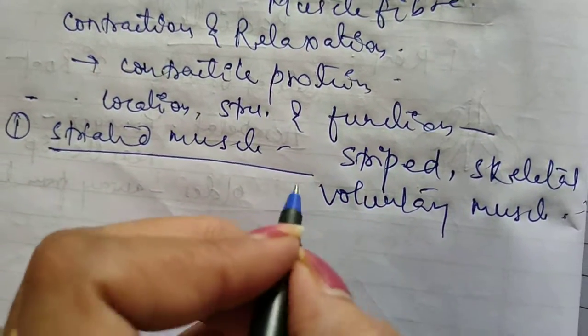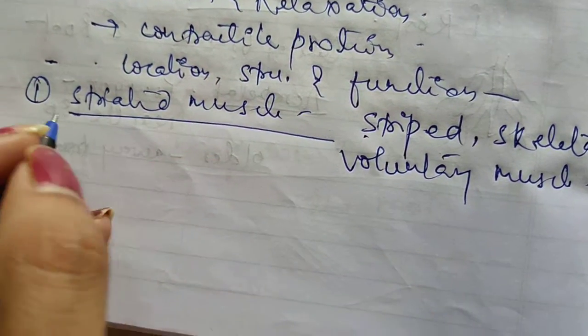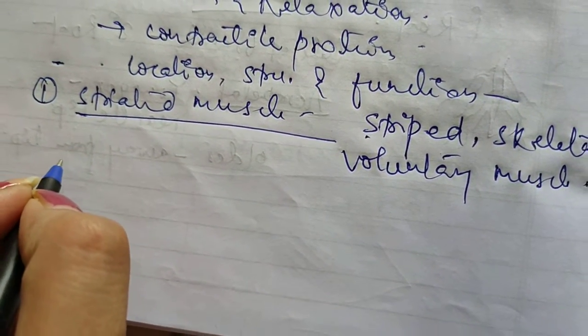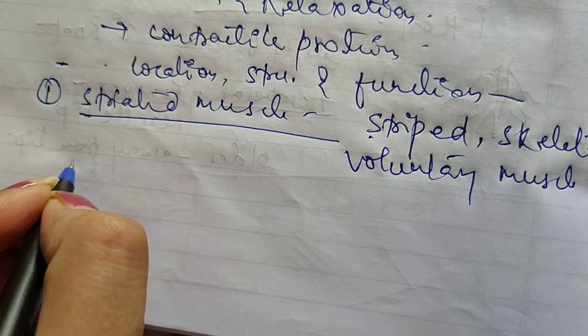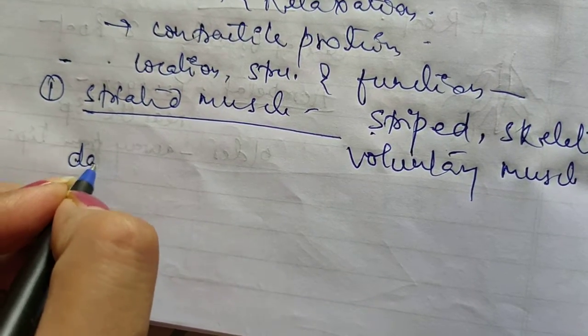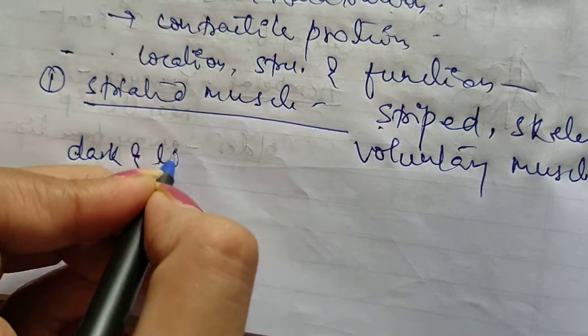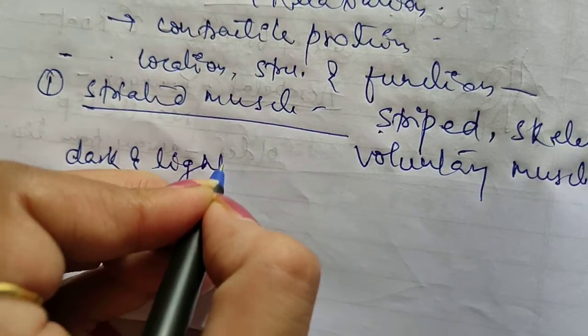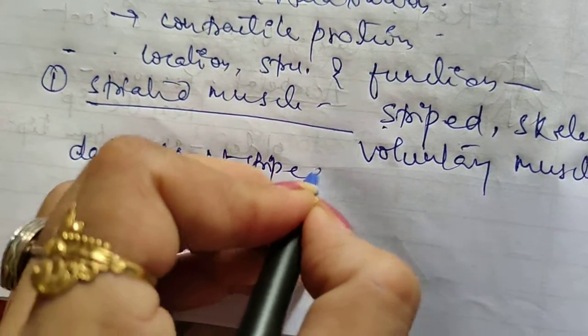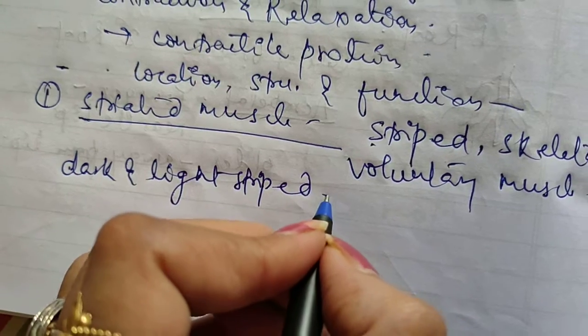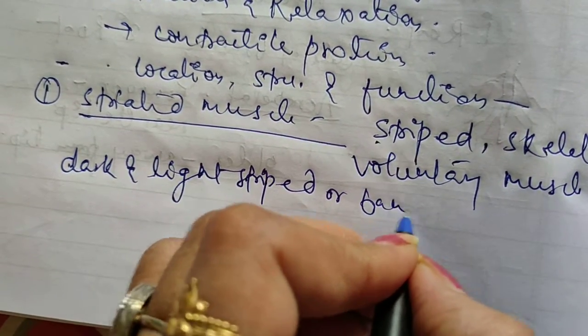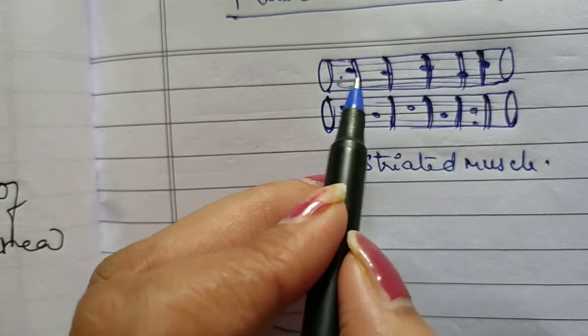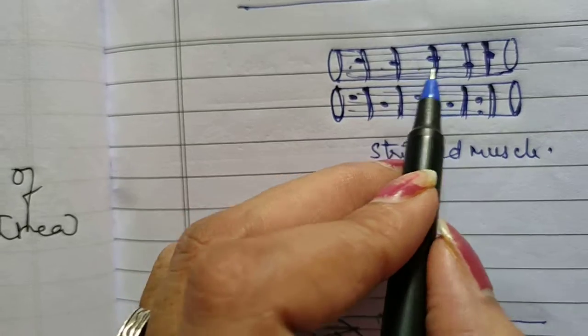And why this name striped? Because they show alternate dark and light stripes, or you can call them bands. So you can see in this structure there is light band, dark band, light band, dark band, light, dark.